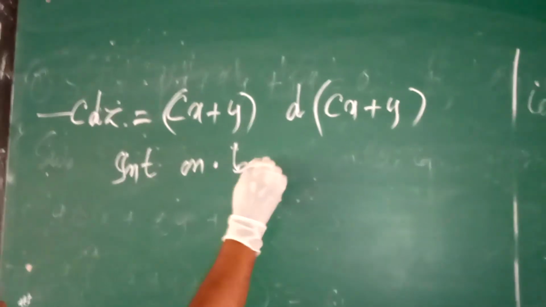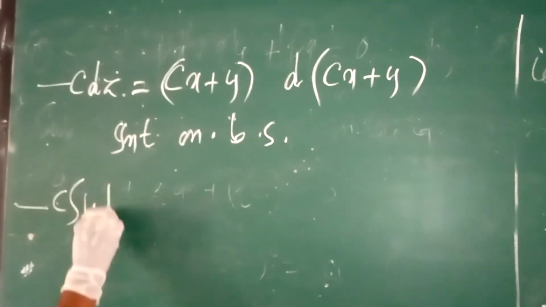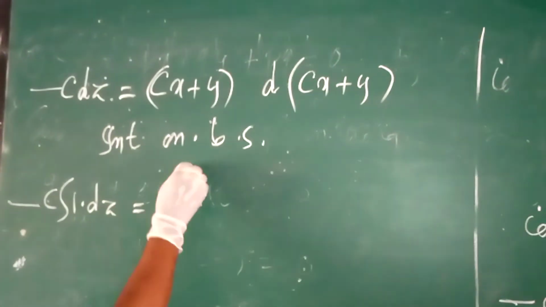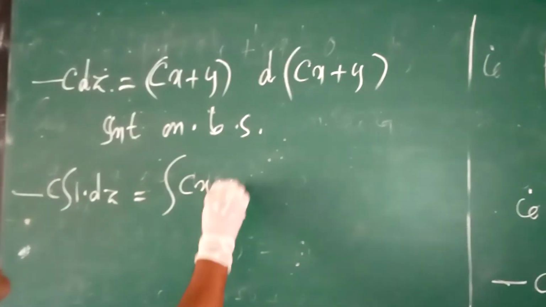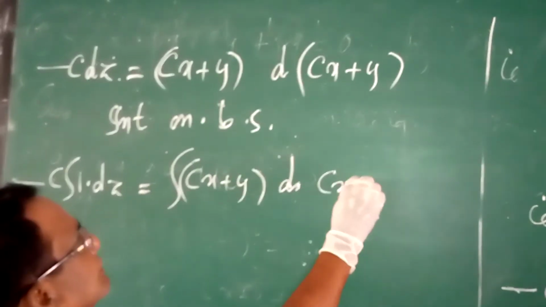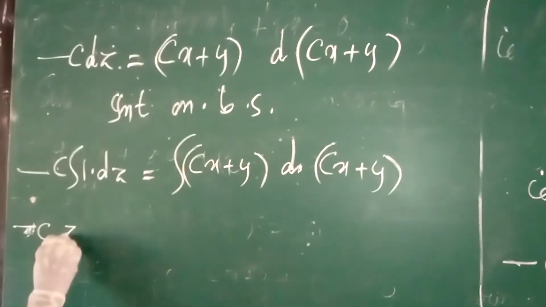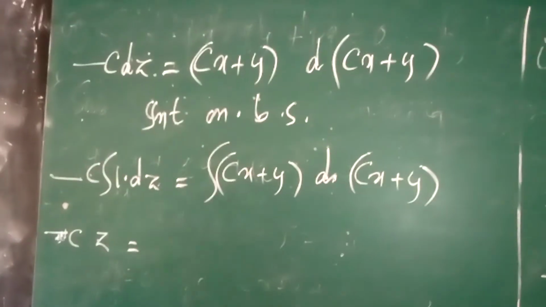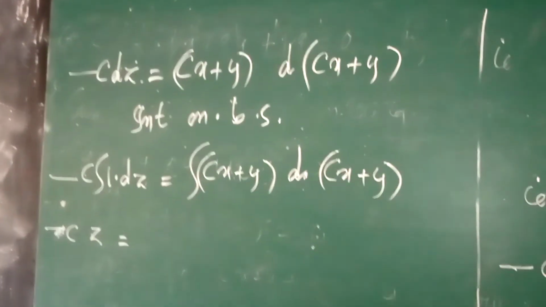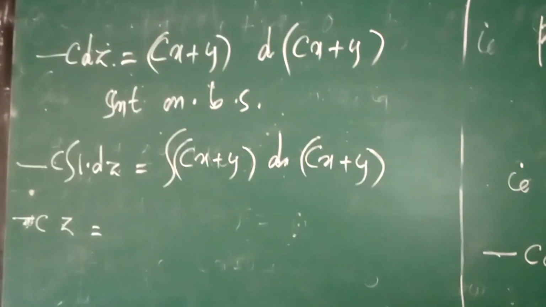Integrate on both the sides. Minus C into integration of 1 into dz is equal to integration of Cx plus Y into differentiation of Cx plus Y. Integration of 1 with respect to z is z. What is the integration of Cx plus Y into the differential of Cx plus Y?